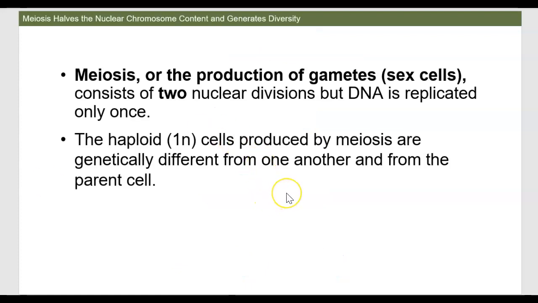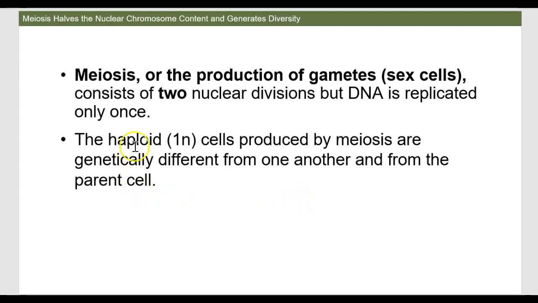But producing sex cells, which are very specialized cells, means that we're going to create some cells which only have 1/2 of the chromosomes as in the average body cell or somatic cell. And what that means is they're going to have one set of chromosomes. So when we look back at that earlier picture of all the chromosomes, they would only have 1 out of the 2 for each one of those pairs.